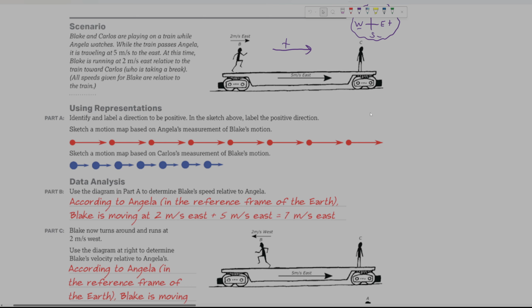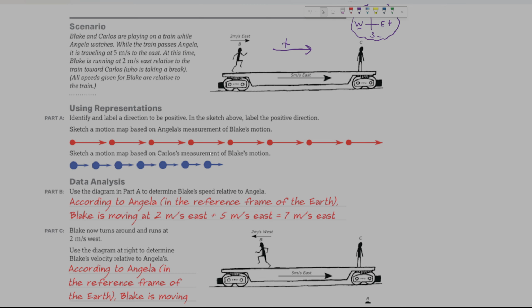Now we had to sketch a motion map based on Angela's measurement of Blake's motion. So earlier we made a motion map or a motion diagram of Angela as she was running toward a bus, and it was asking for a motion map of her position. Now it wants a motion map of Blake's motion, not Blake's position.